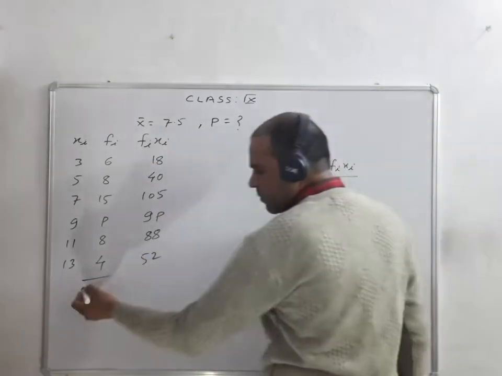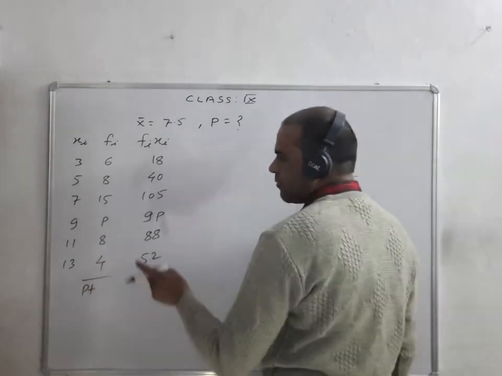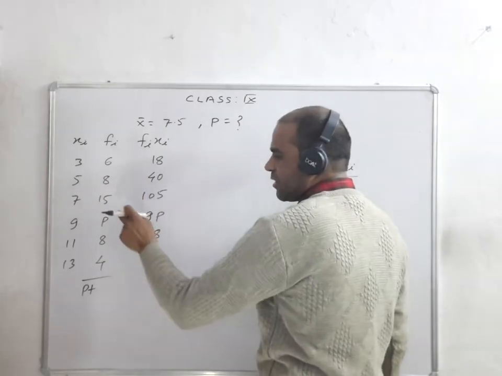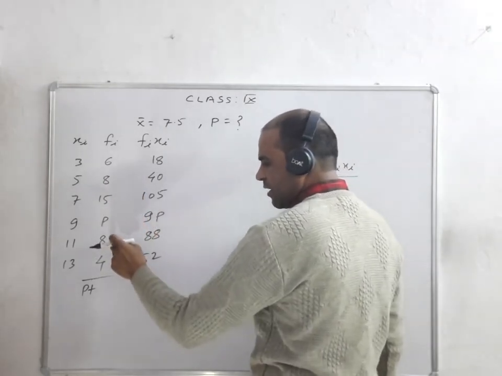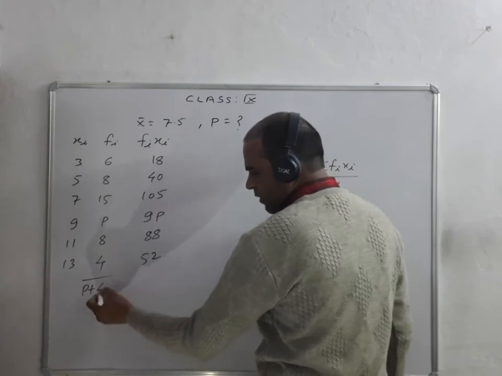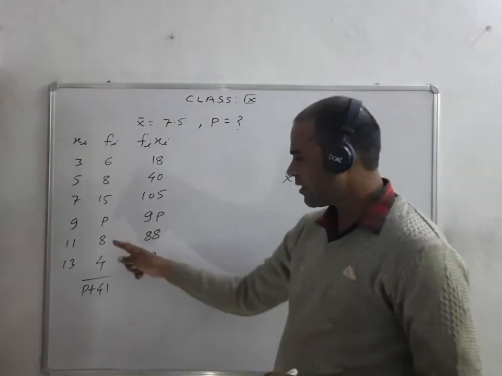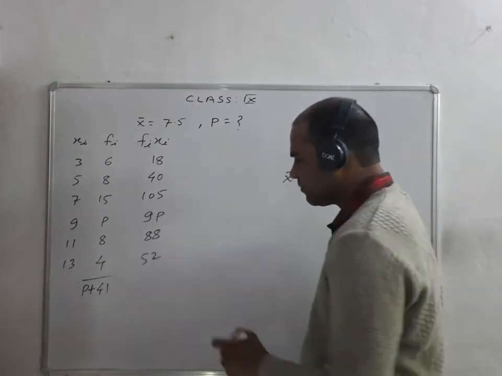And again find the sum of this term. Here also we have to sum n, so p is the unlike term. 8 plus 6 is 14, 15 is 29, 29 and 8 is 37, 37 plus 4 is 41.